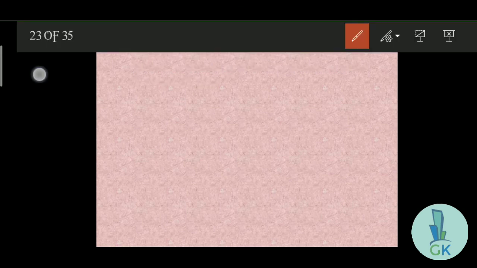So there will be 6 carbon atoms, and the structure of benzene has alternate double bonds.